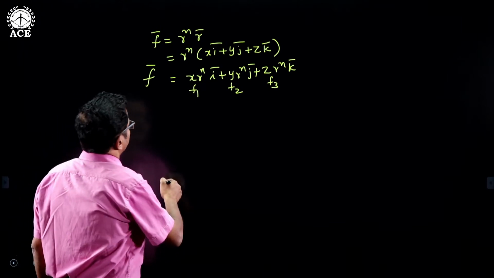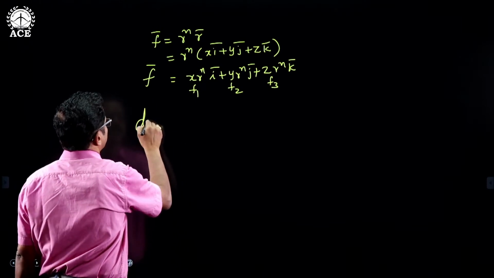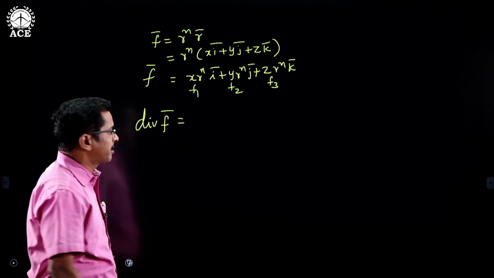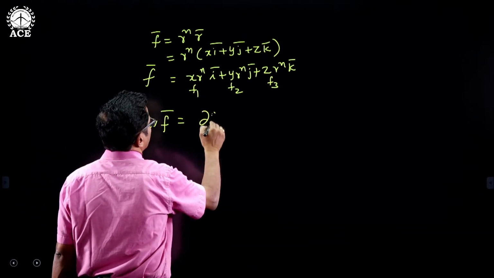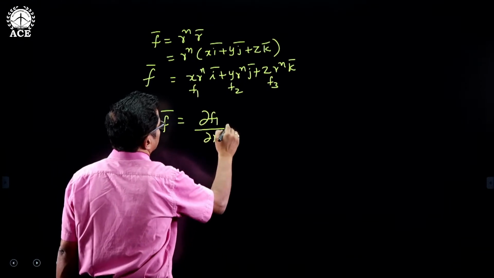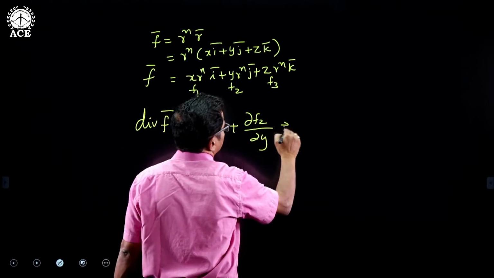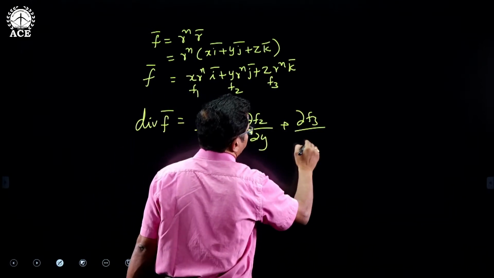Now divergence of f bar equals dou f1 by dou x plus dou f2 by dou y plus dou f3 by dou z.